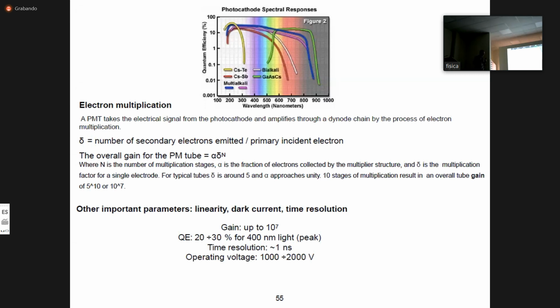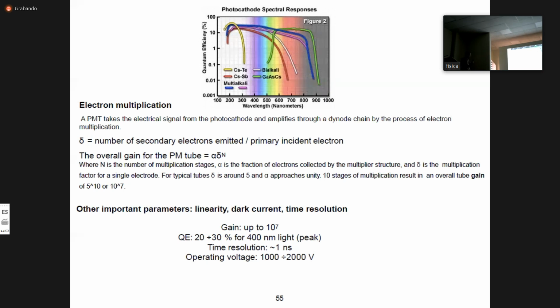PMT quantum efficiency strongly depends on the light, because the photoeffect process differs for different wavelengths of a photon. For example, ultraviolet photons are more energetic. If the wavelength is shorter, you have more energy for your photon.